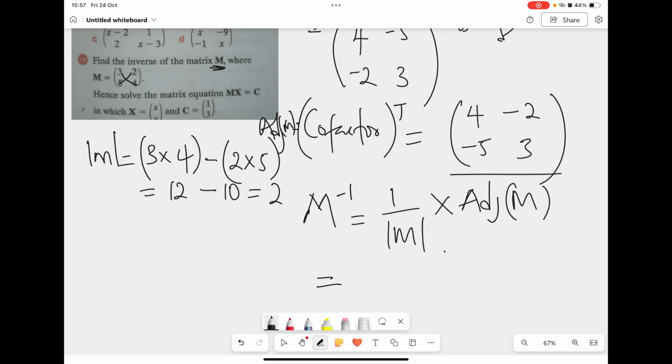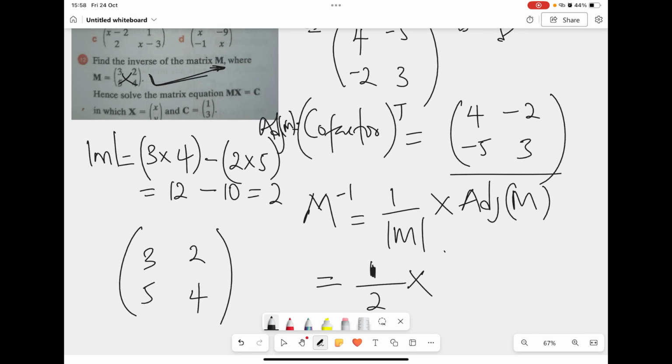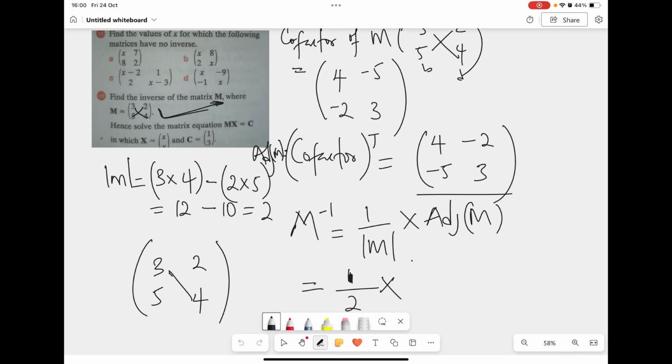So if we have a question such as this one, and we already know our determinant, and we want to just find the inverse, we just do 1 over our determinant times the adjoint. Let me write this M down here so that you see exactly what we'll do. 2, 4. So what you just do is you exchange these two. After exchanging, you put the signs here and here.